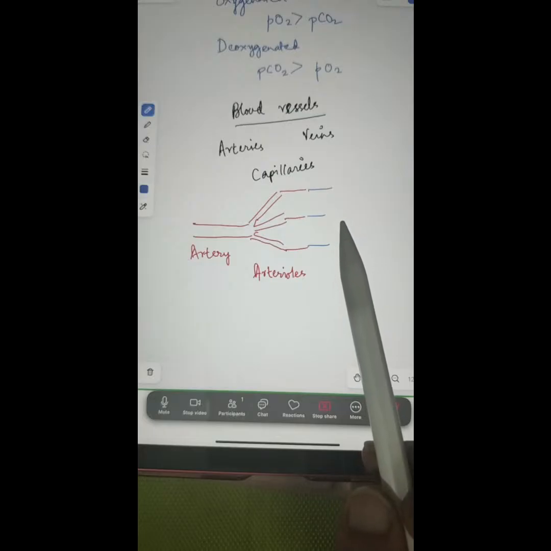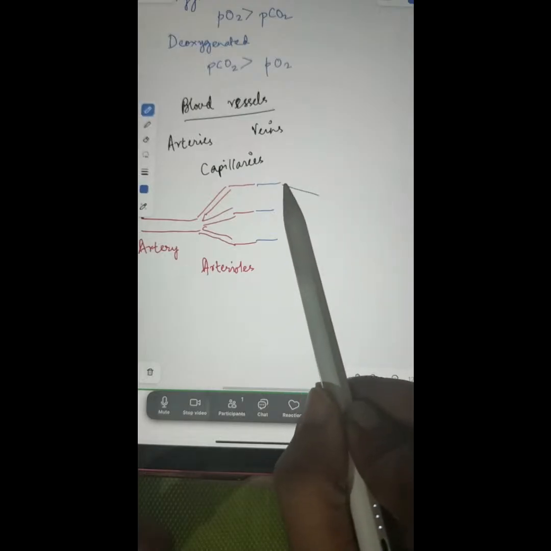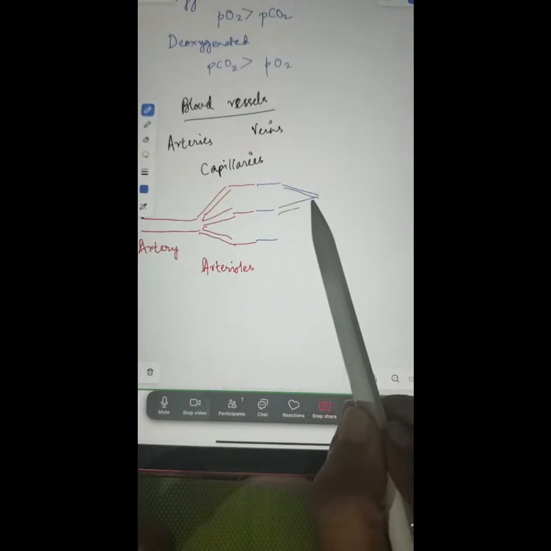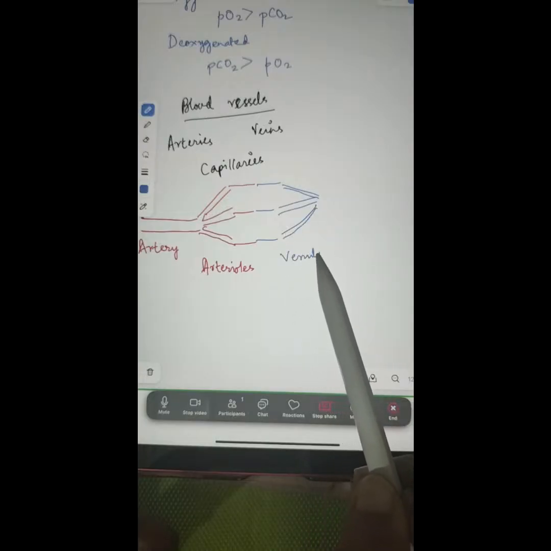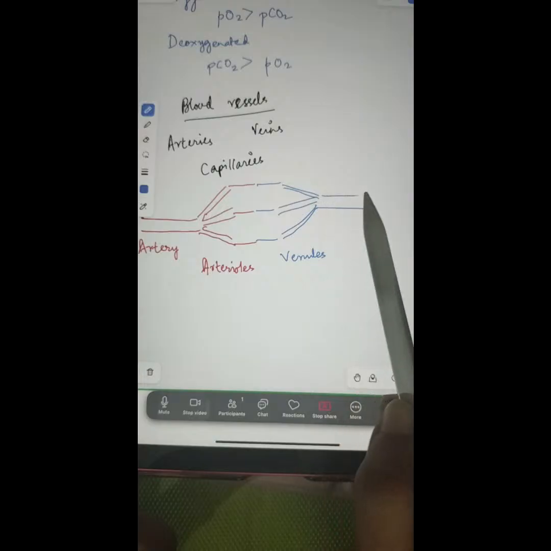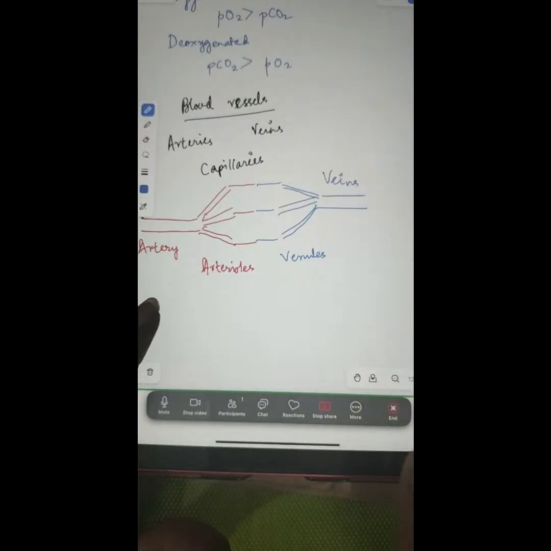However, in our body, there is no difference in the color of oxygenated and deoxygenated blood, only a difference in viscosity or thickness. These capillaries join together and form venules. The branches of veins are known as venules, and then they join to form the veins.